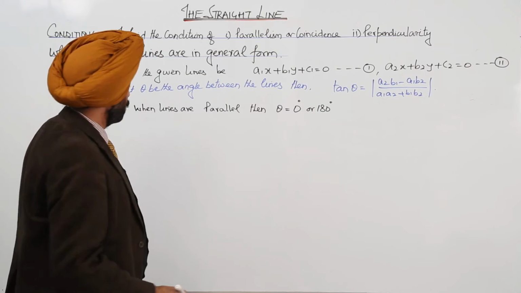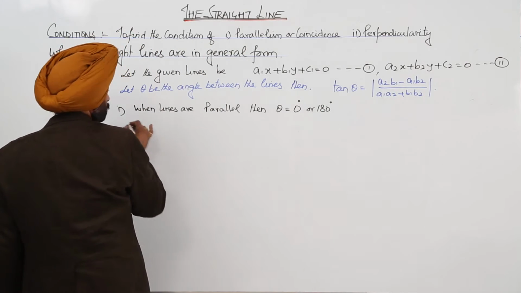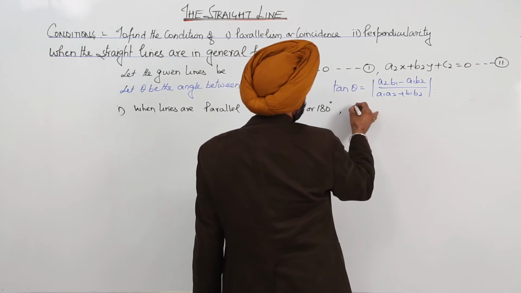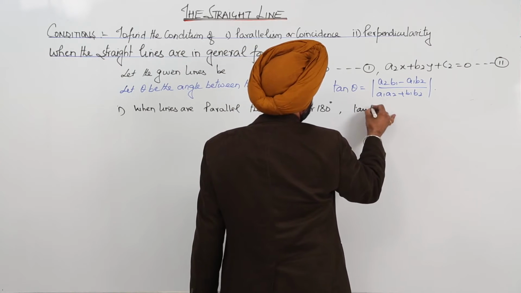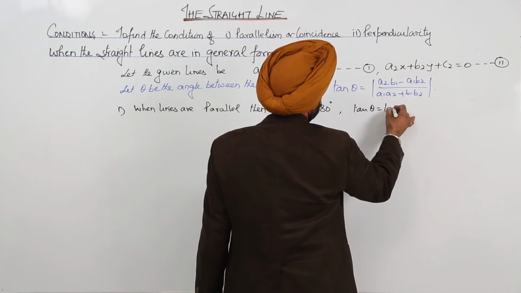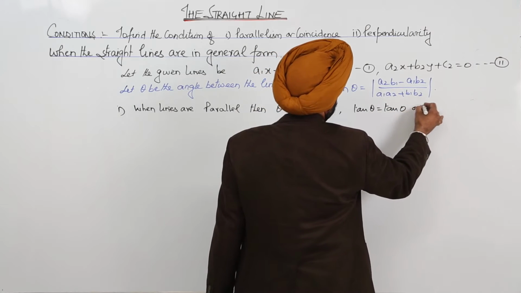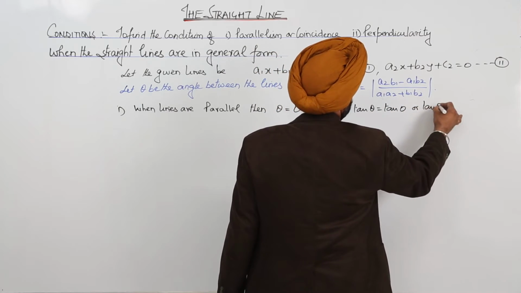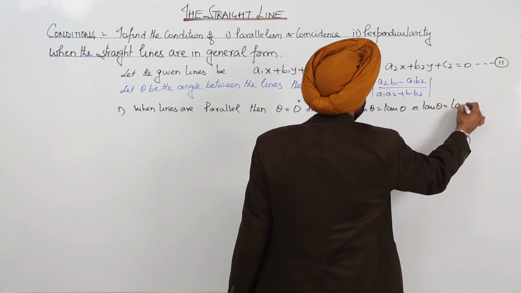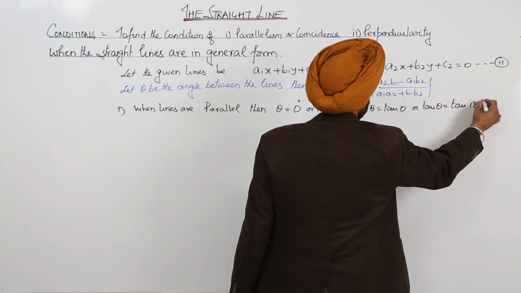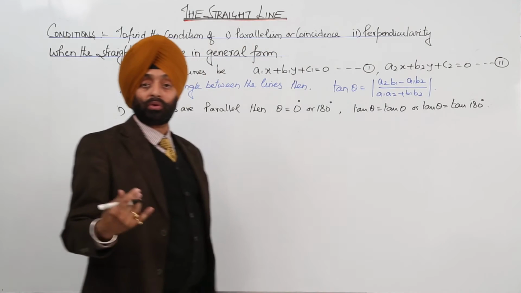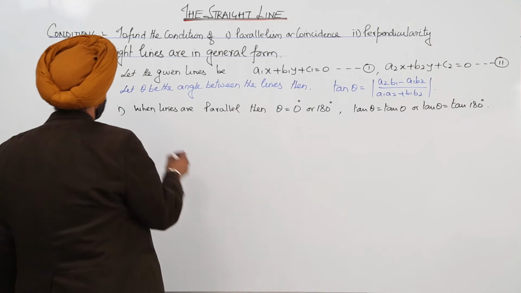Okay. And number 2, or we can write it, then tan theta is equal to tan 0 or tan theta is equal to tan 180 degrees, and this we can go for cot also. Okay.